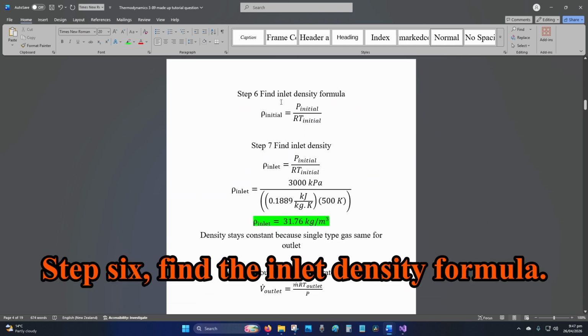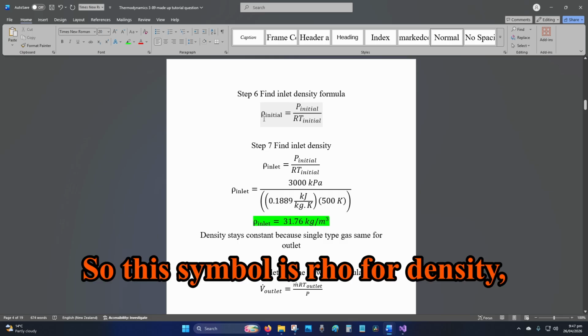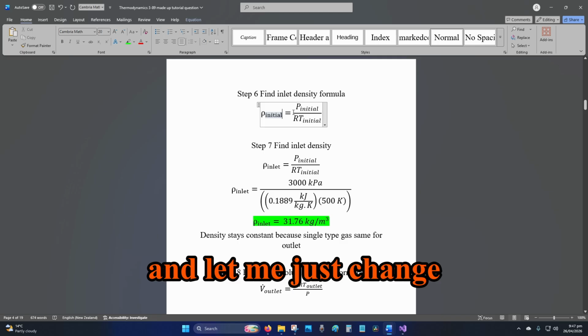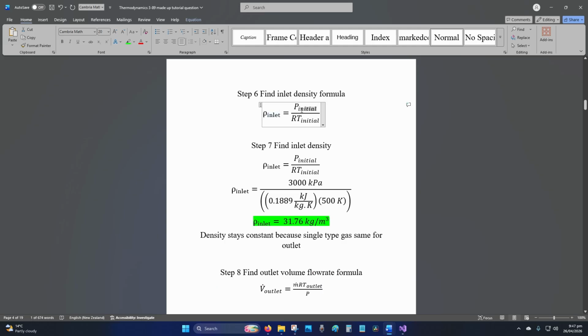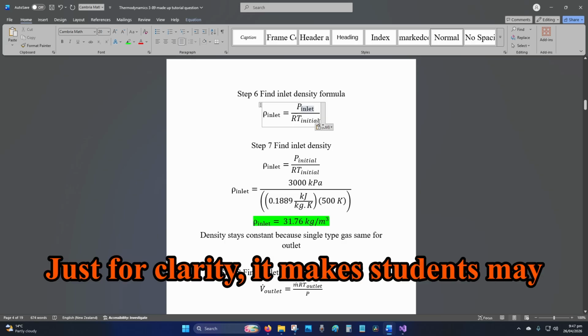Step 6, find the inlet density formula. So this symbol is rho for density, and let me just change the initial to inlet. Okay.